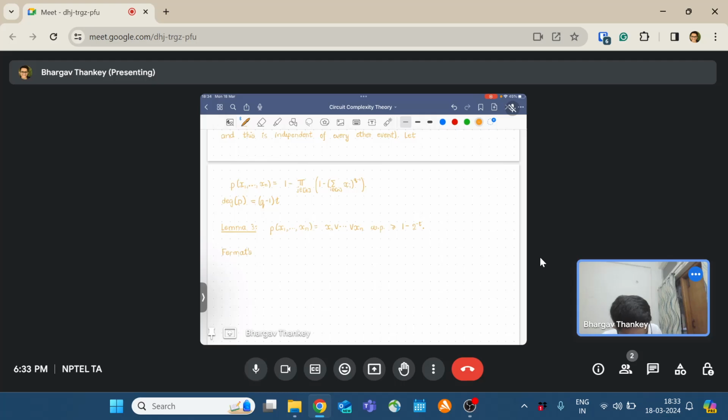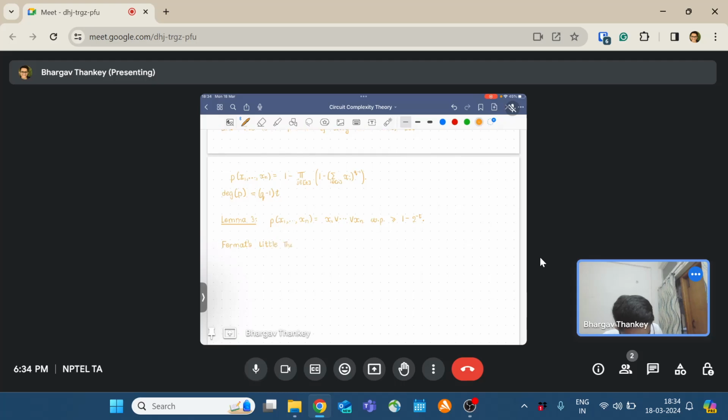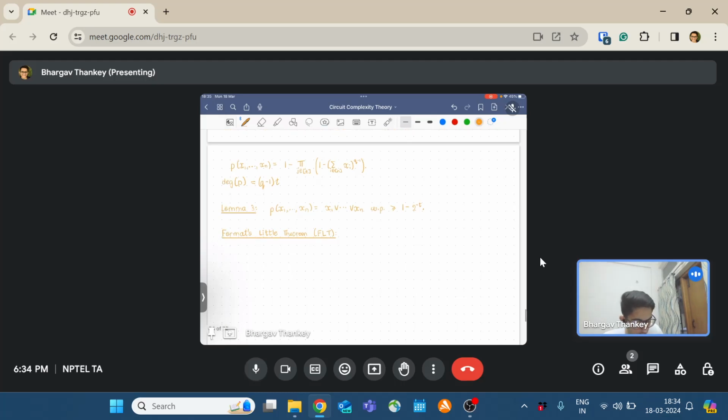First, the fact we'll use is called Fermat's little theorem, or FLT for short. Fermat's little theorem states that for any alpha in FQ, alpha to the Q minus alpha is equal to 0 mod Q.